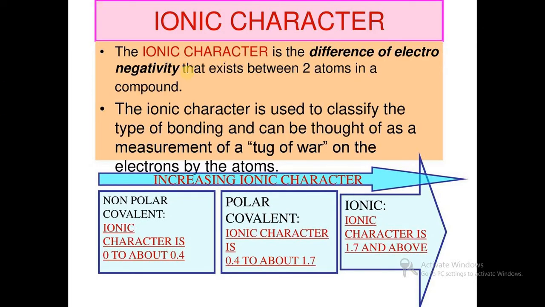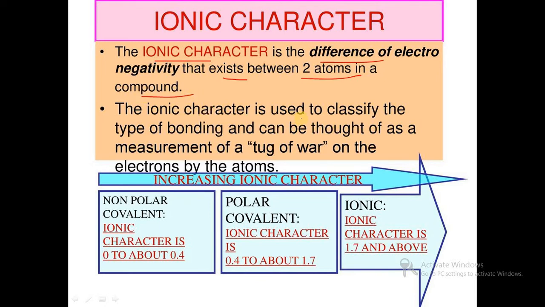Then we will clarify these rules on ionic character in covalent compounds with some diagrammatic representations. Ionic character is the difference of electronegativity that exists between two atoms in a compound.